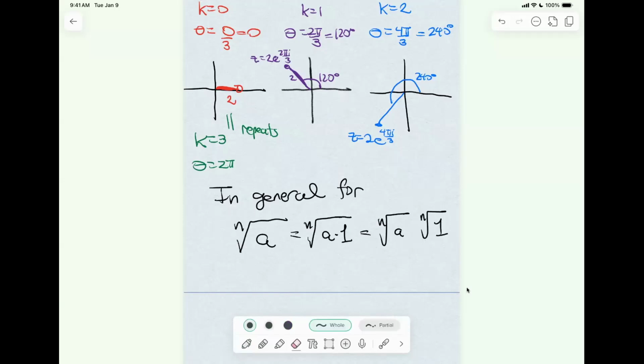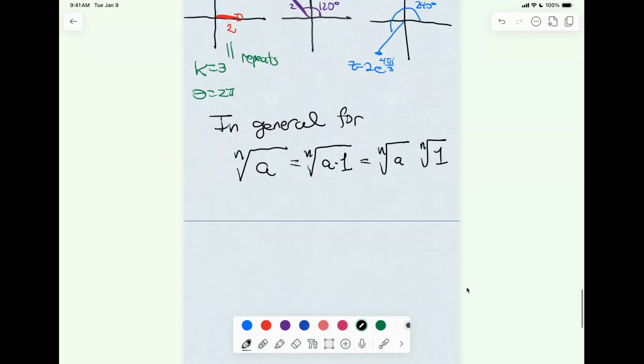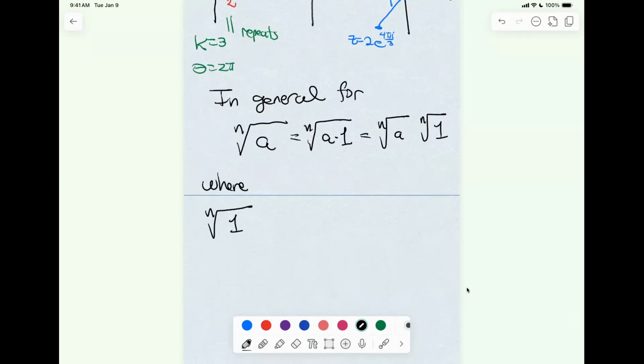But you find the n different complex roots of 1, and then you multiply by a single complex root of a, whichever you find, which you find by taking the angle of a divided by n. Here, the complex roots of 1 are the numbers e to the 2 pi i over n times k, where k equals 0, 1 up to n minus 1.